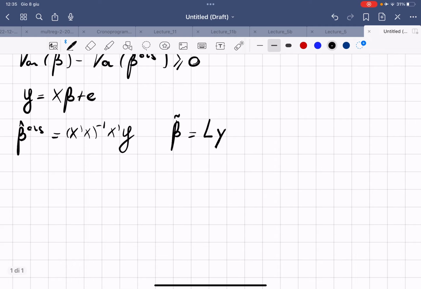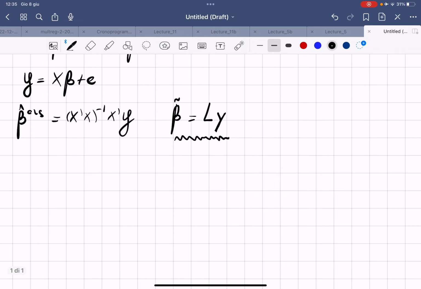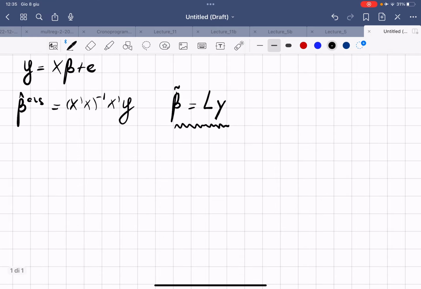Then we need this beta tilde to be unbiased. So we need to state some condition such that Ly will be an unbiased estimator of beta.